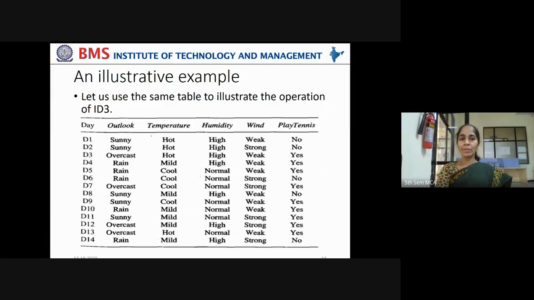How many of them are positive examples and how many are negative examples? That we have to see. So there are a total of 1, 2, 3, 4 and 5 values as sunny. Out of them, how many are positive examples? 2 of them are positive. Very good. 2 of them are positive examples and 3 are negative examples. Yes, correct.